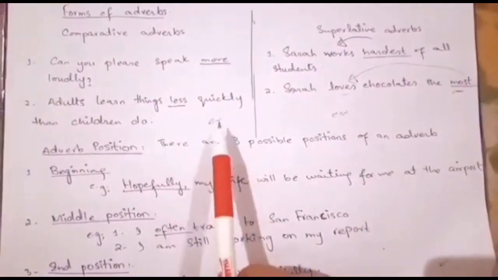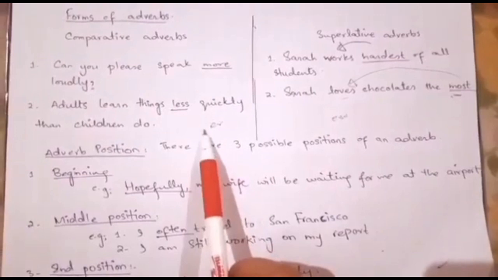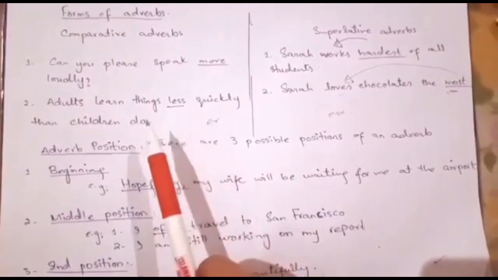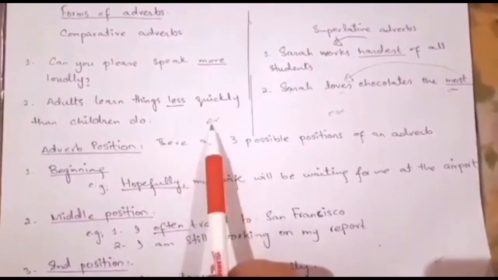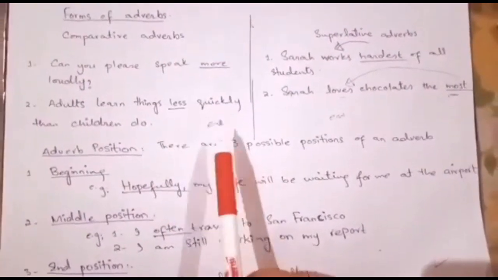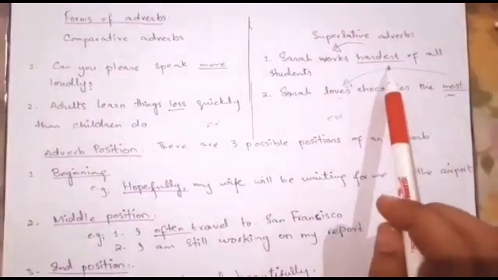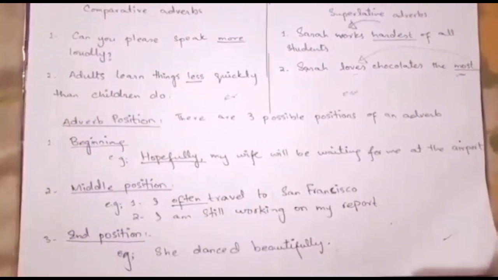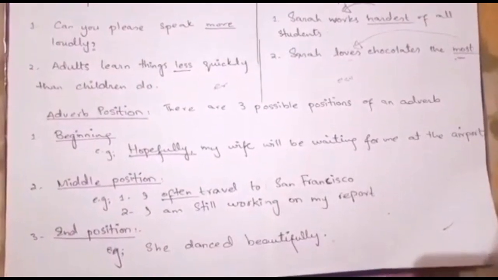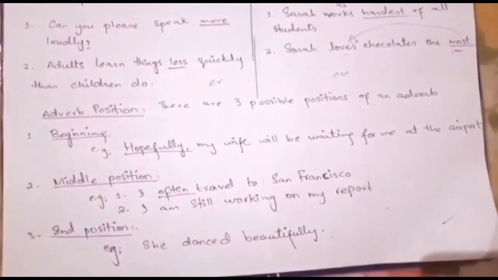Over here, the word harder shows that this is comparative adverb because chair is compared with the table. The chair is harder than the table, right? And over here, est, we have discussed that example before.